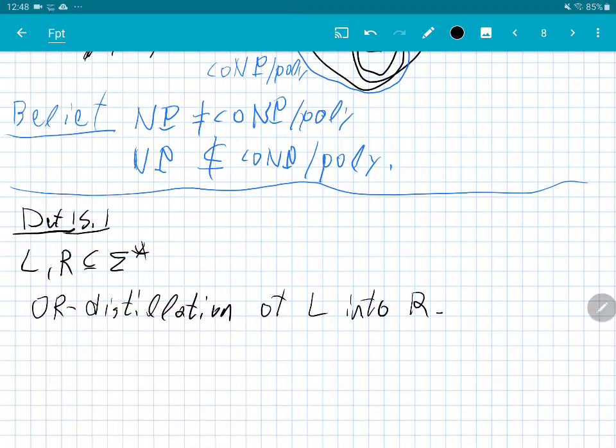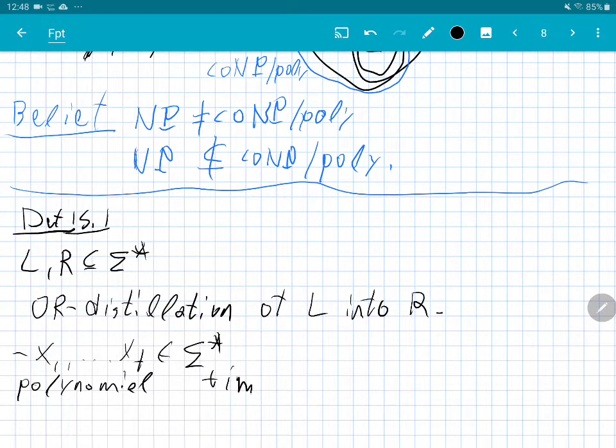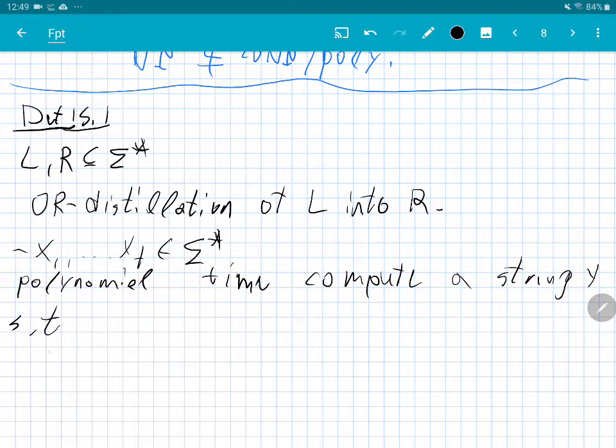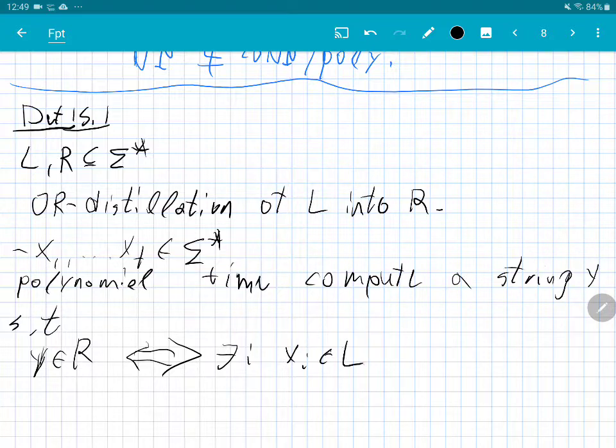We have strings x1 to xt in sigma star, and in polynomial time we can compute a string y such that y is in R if and only if there exists an i such that xi is in L. That's the first property.